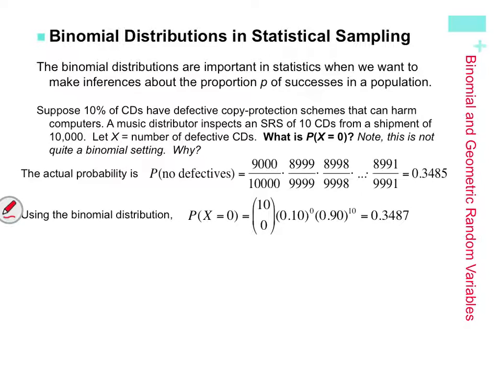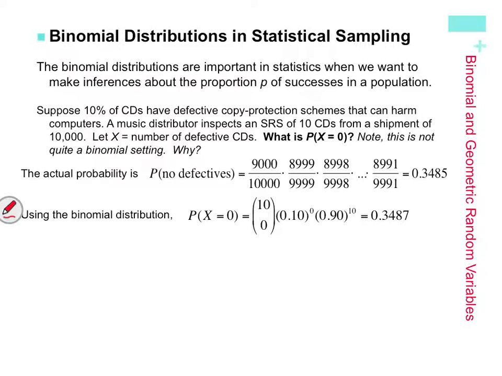Almost all real-world sampling, such as taking an SRS from a population of interest, is done without replacement. So that's violating that independence condition when you take something out and you don't put it back. If you take out a bad CD, it's a different amount in the shipment now. The CD example shows how we can use a binomial distribution in the statistical setting of selecting an SRS.